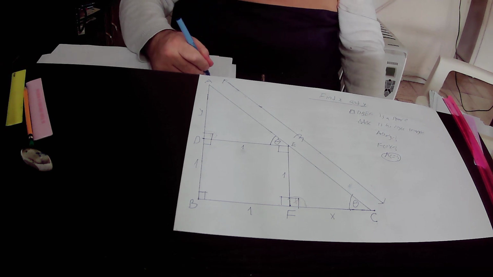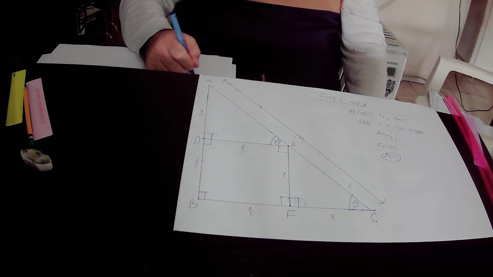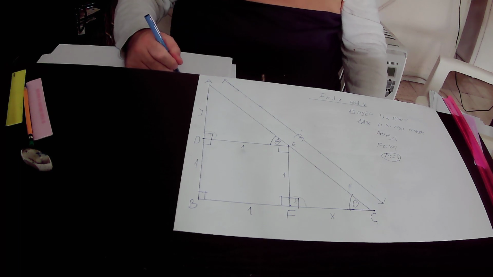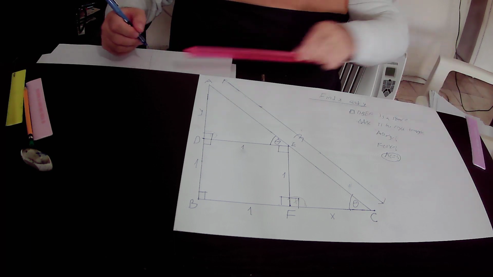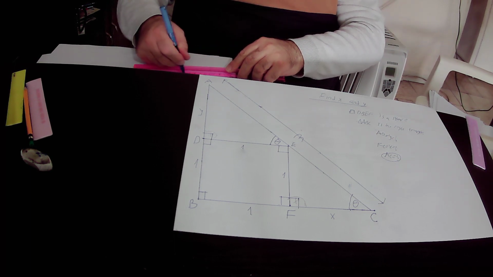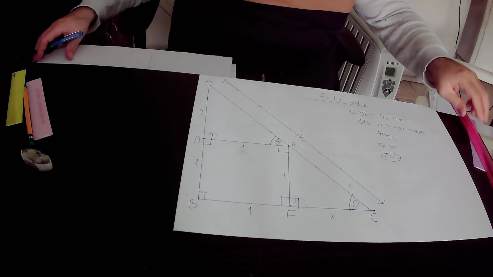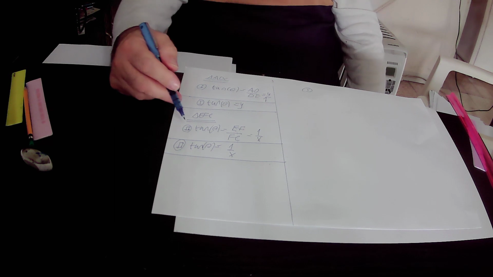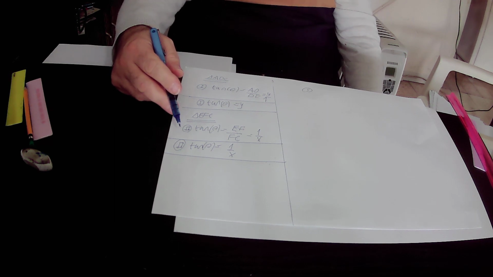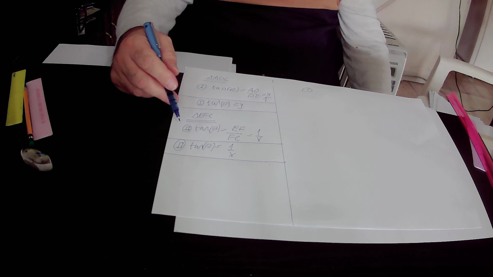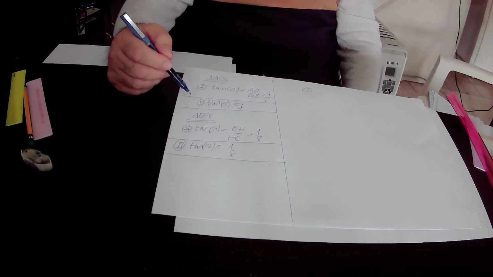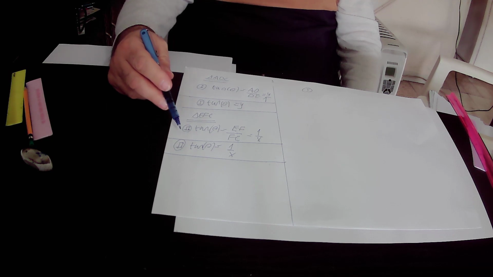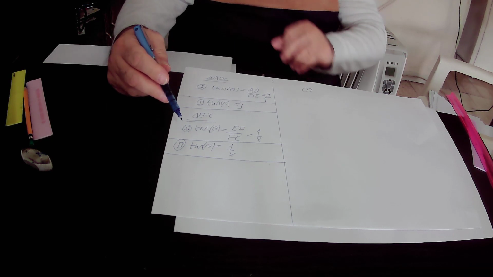So in the right triangle EFC, tangent theta equals 1 over X. In conclusion, we found out that in the right triangle EFC, tangent theta equals 1 over X. So here we will create equation number 3 that states that tangent theta according to equation number 1 must be equal to tangent theta according to equation number 2.